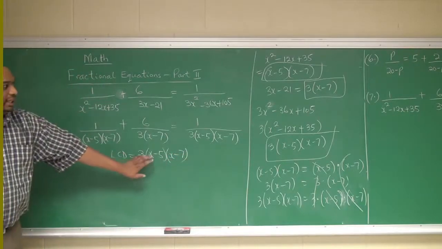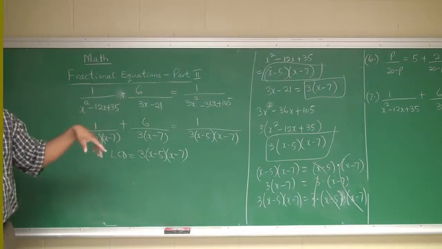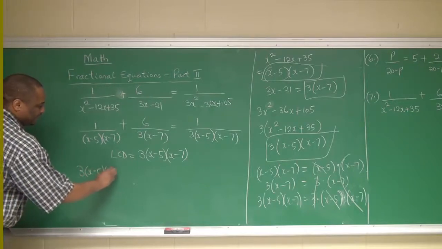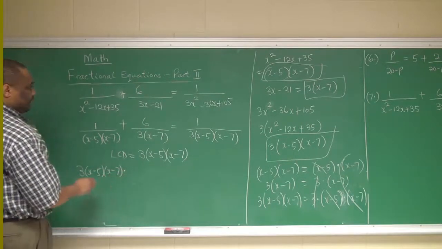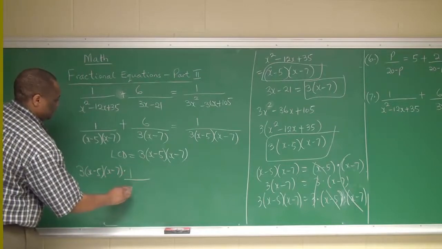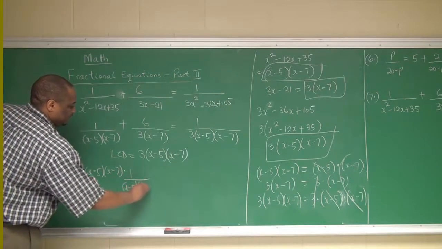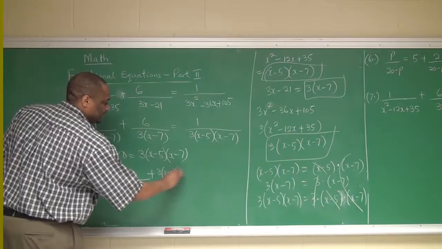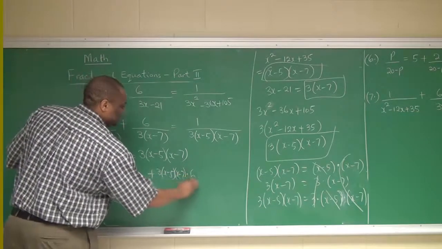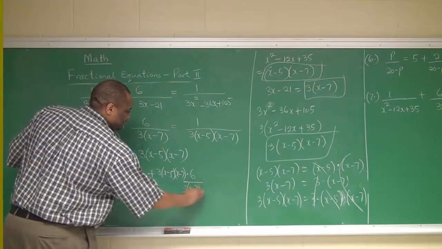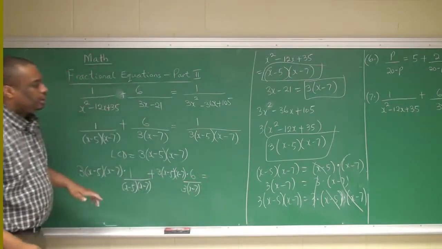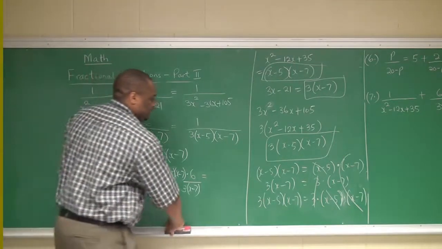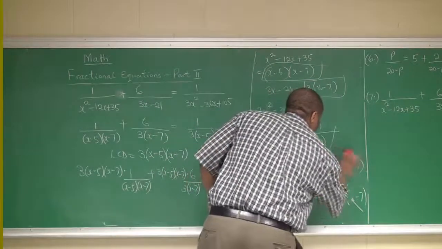So we now use this LCD to multiply all terms. We have 3 times x minus 5 times x minus 7 times 1 over x minus 5 times x minus 7, plus 3 times x minus 5 times x minus 7 times 6 over 3 times x minus 7, is equal to, okay, I will need space now to finish writing this, so let me erase this here.